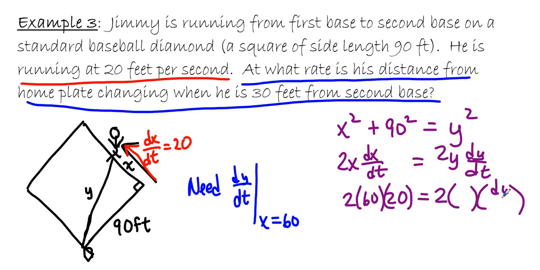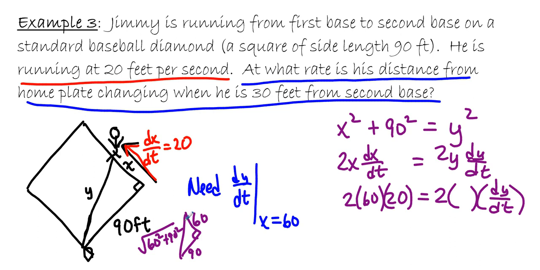How are we going to figure out y? Well, at the moment in question, that's 60, that's 90, that's the square root of 60 squared plus 90 squared. Well, how much is that? Well, that's 8,100 and 3,600.